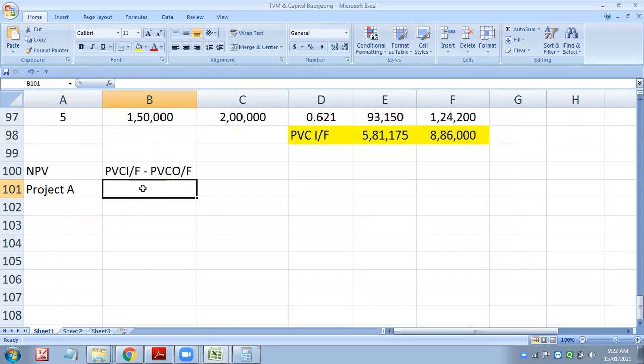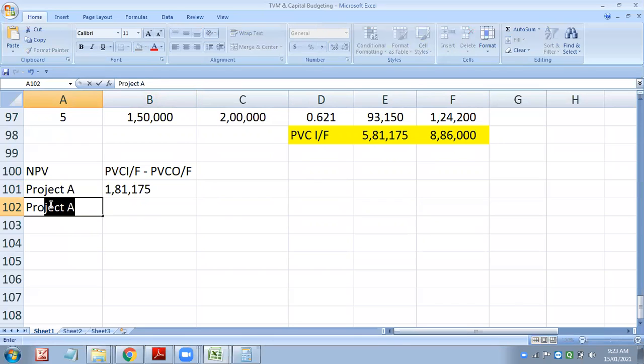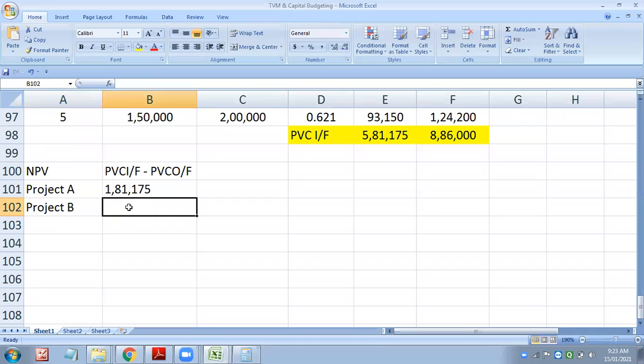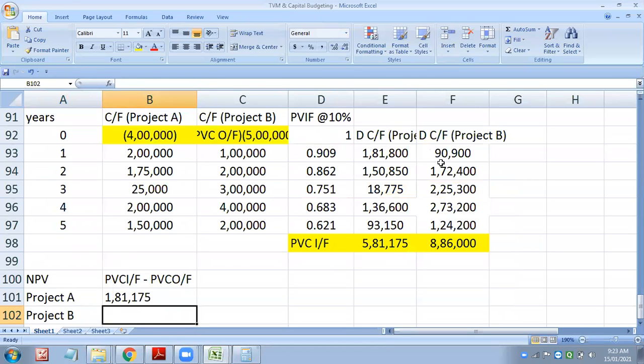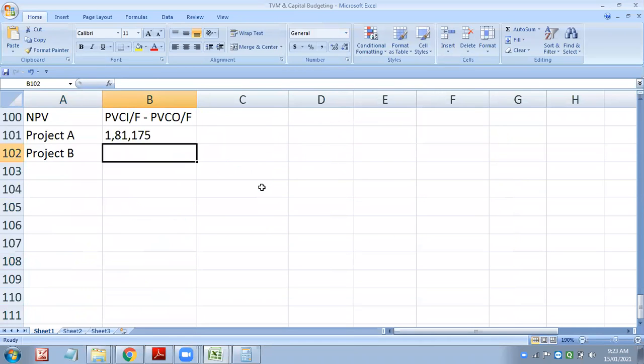So it is coming 1 lakh 81,175. Project B, 8 lakh 86,000 minus 5 lakh.